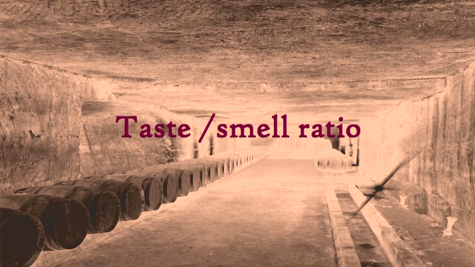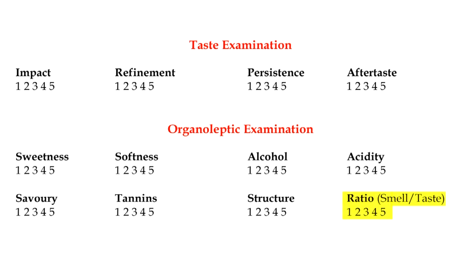Taste-smell ratio. The proper ratio between taste and smell is the point of sensory balance of a wine. If a wine is interesting for the nose, but then very short with no aftertaste in the mouth, or vice versa, the ratio between taste and smell would not be satisfactory and the value to be assigned is 1.